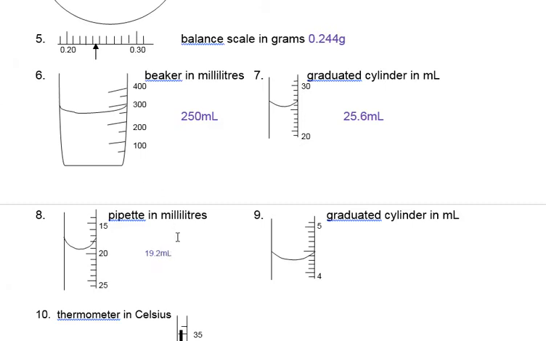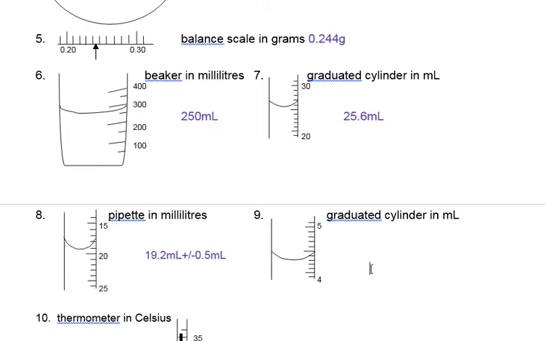And I might, in this particular case, estimate a larger uncertainty. So I might say plus or minus 0.5 milliliters, because it's a little harder to be as precise as to the nearest 0.1 milliliter.